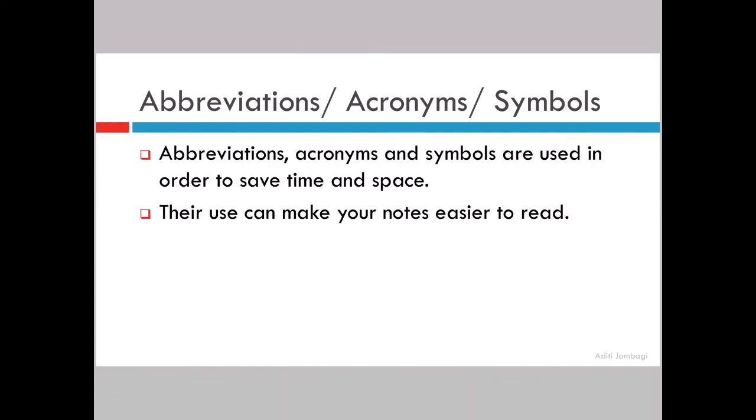You're taking the first letter out of every word in that name. And symbols are nothing but making some design or some sign to indicate a word or an action. That is called a symbol. Their use can make your notes easier to read. So symbols are very important. They will help your notes become small and easier to read.